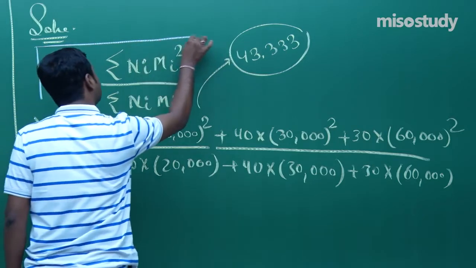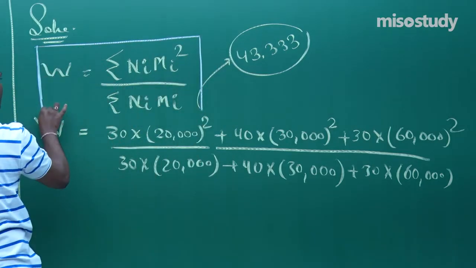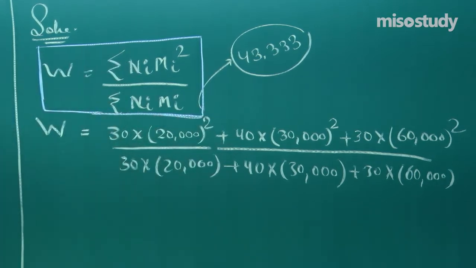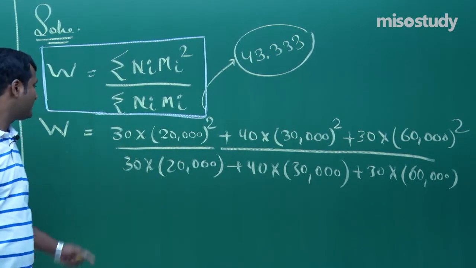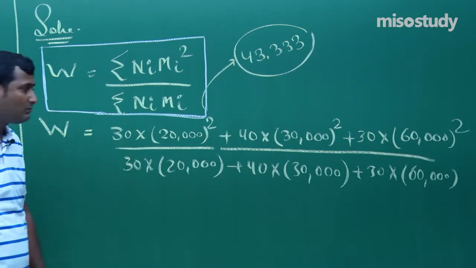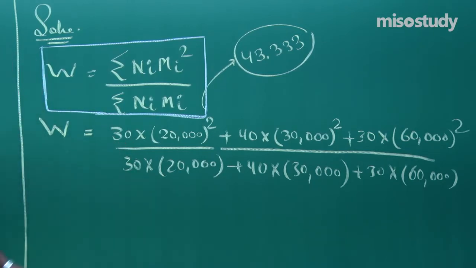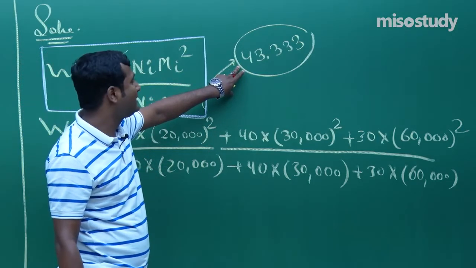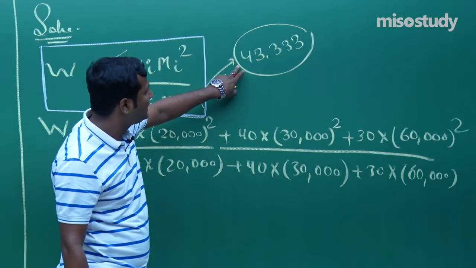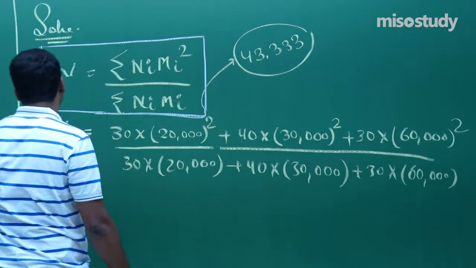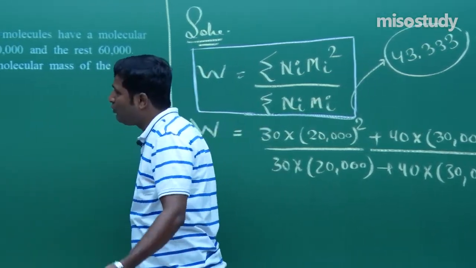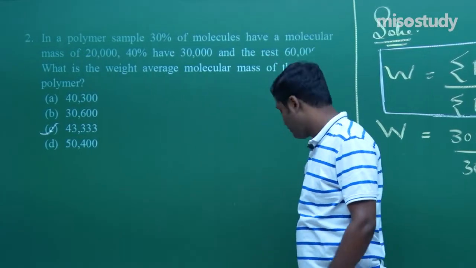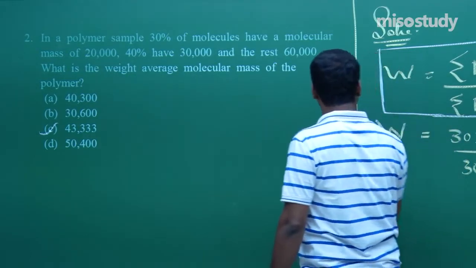If you remember this formula, then you can easily solve such questions. It is a simple calculation. After solving, we get the value around 43,333. So for question number 2, we can say C is the correct option. I am going to rub this part and we'll discuss the next one.